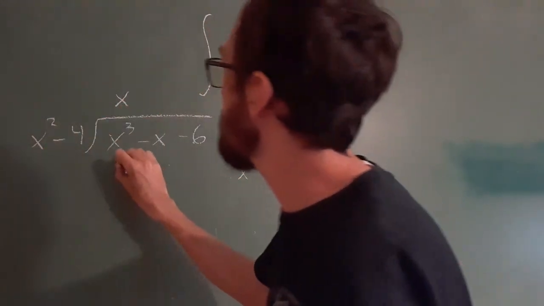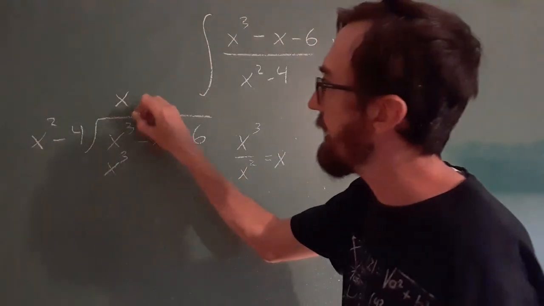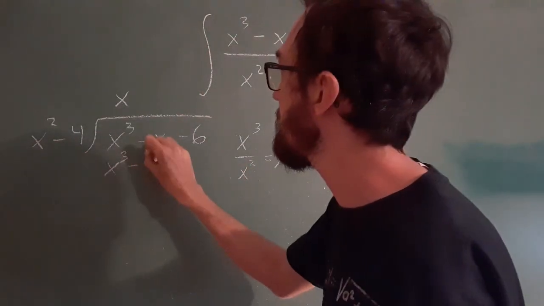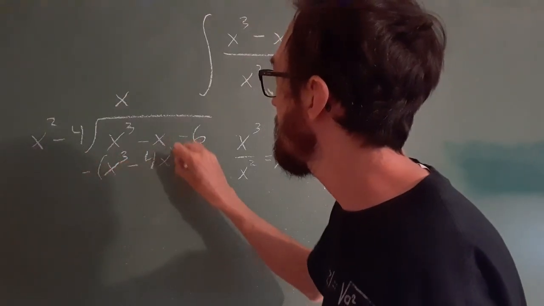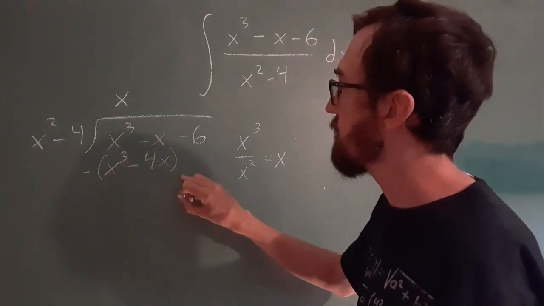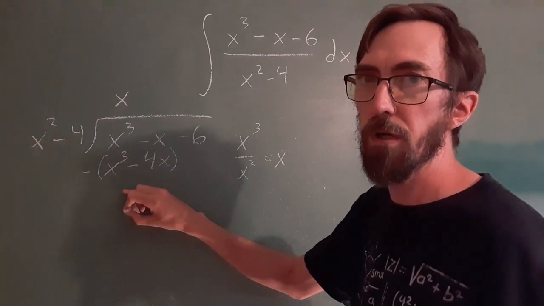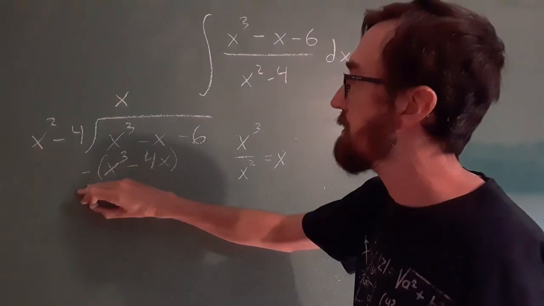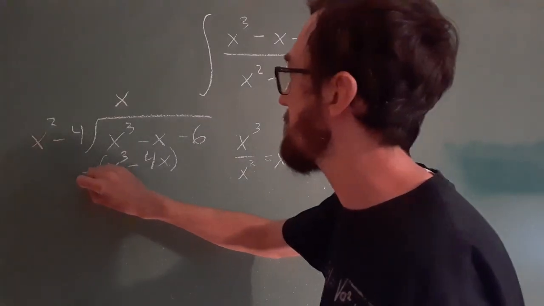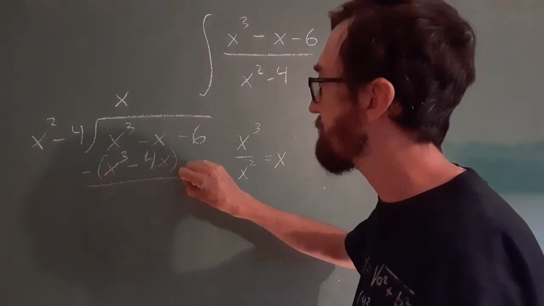X times x squared is x cubed, and x times negative 4 is negative 4x. And we want to subtract this. That subtraction works across the entire polynomial. That's why I put the parentheses there to remind us that that subtraction applies across the entire polynomial.